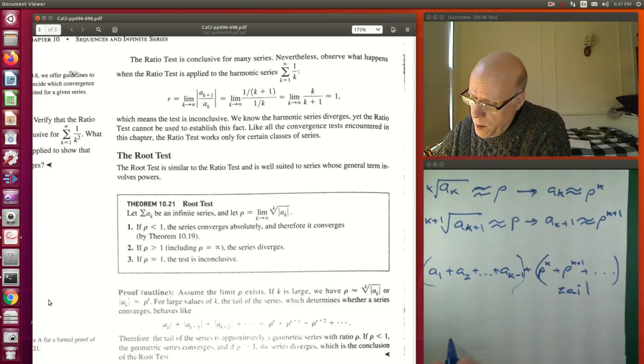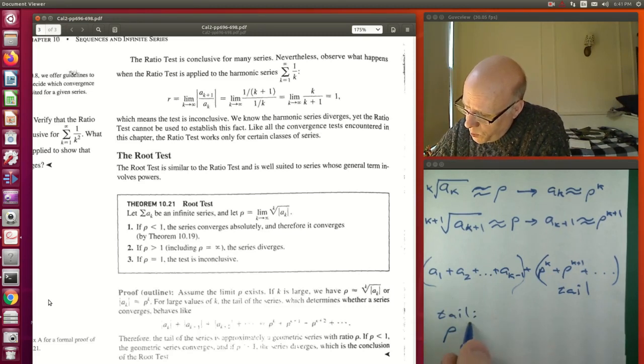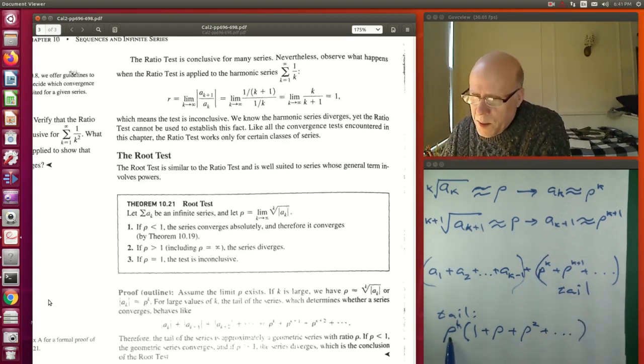But you can always factor. Let's say the tail looks like rho to the k power times (1 plus rho squared plus dot dot dot). So there's this factor of rho to the k, but all we care about again is whether it's finite.